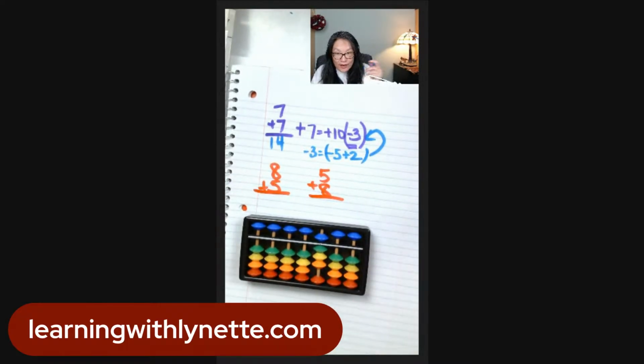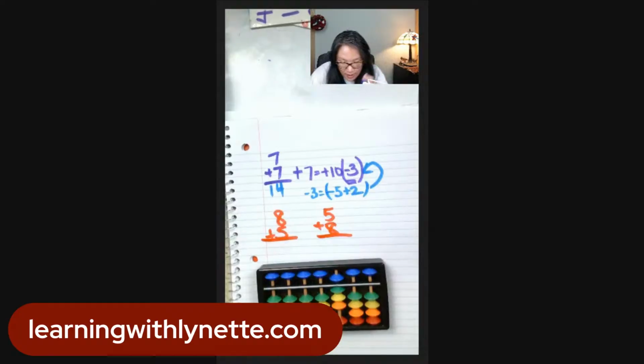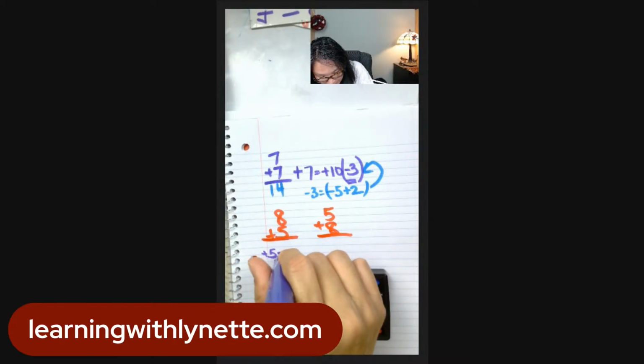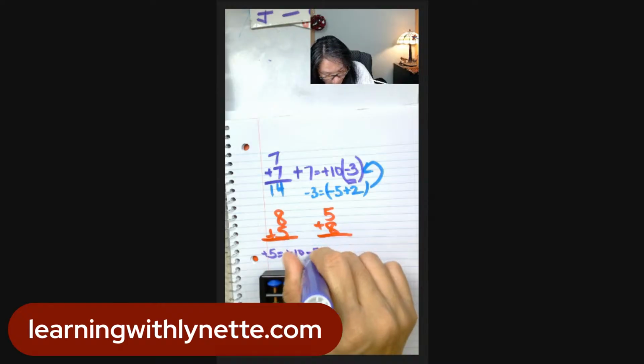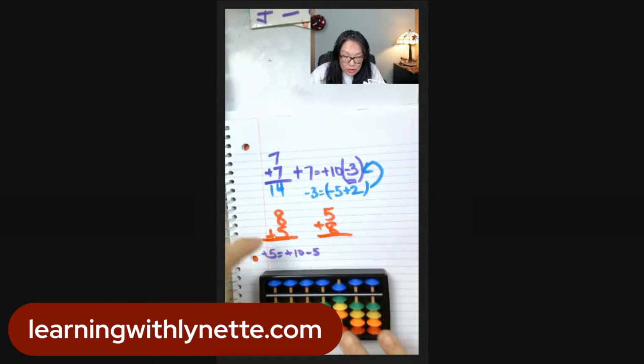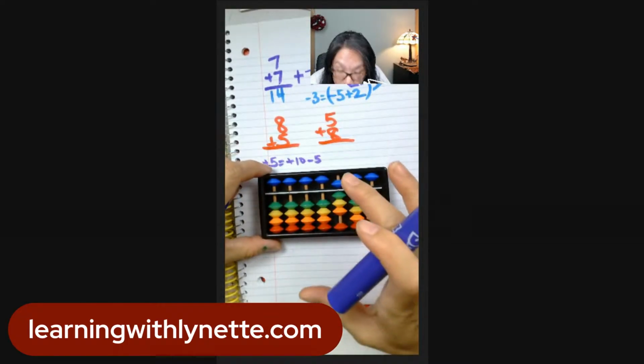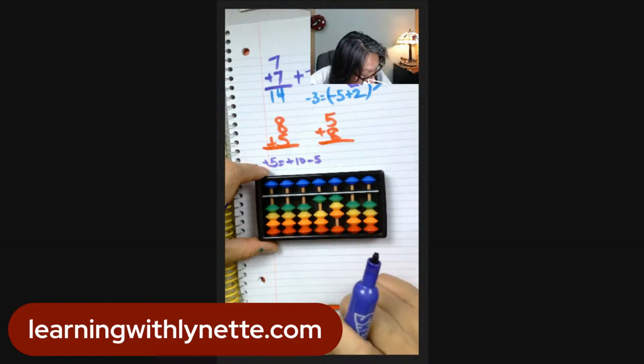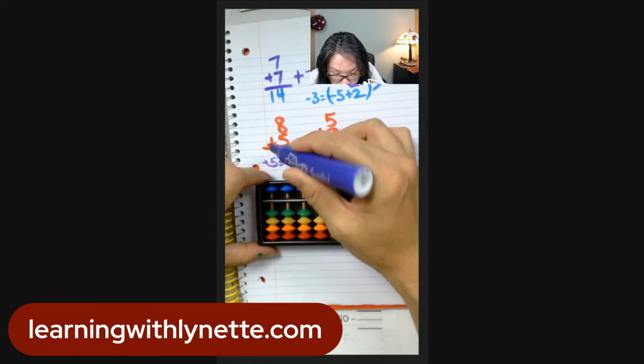Remember how to add the 5? Plus the 5 is equal to plus the 10 minus the 5. So we're going to plus the 10 minus the 5. My final answer is 13. Not a problem.